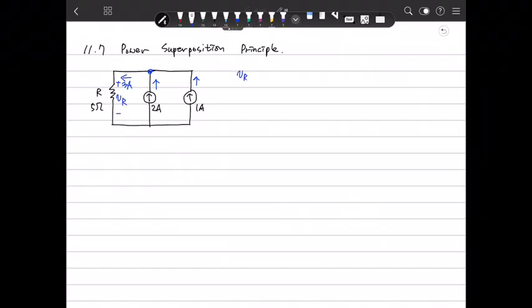The VR will be R times I, 5 and current is 3, so 15 volt. Therefore the power of R is VI. The V is 15 and current is 3, so the power is 45 watt. And IR is 3 ampere.